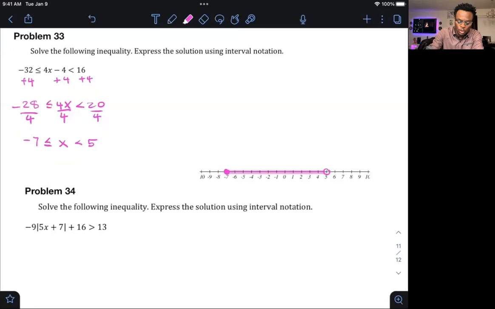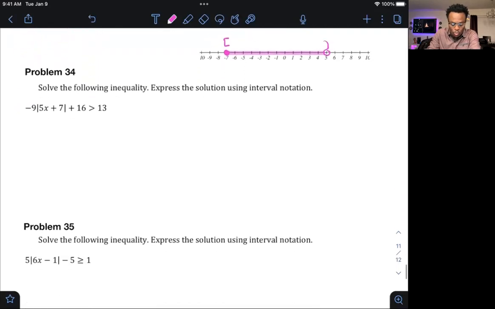So for your interval notation, this is a bracket because it has a closed circle, and this will be parenthesis because it has an open circle. So that's bracket negative 7 and 5 with a parenthesis.